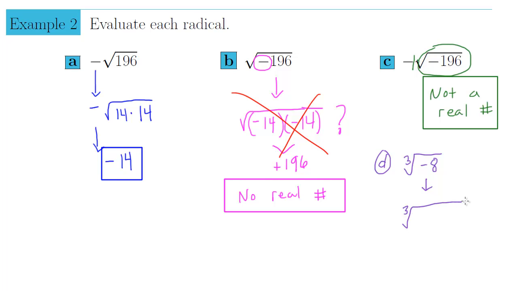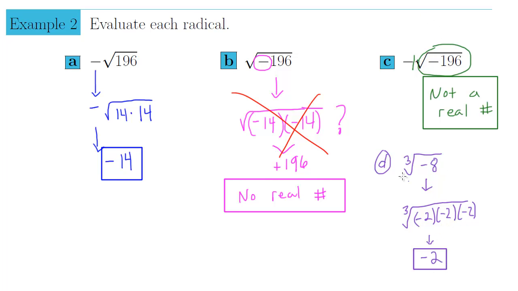That's actually possible, right? Positive 8 is 2 times 2 times 2. So negative 8 is negative 2 times negative 2 times negative 2, which means that the cube root is going to take these 3 identical factors and spit out a single factor. So the cube root of negative 8 is negative 2.